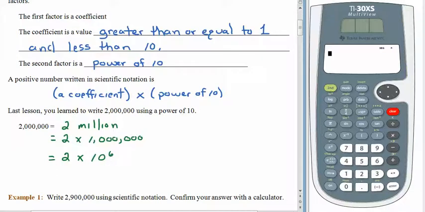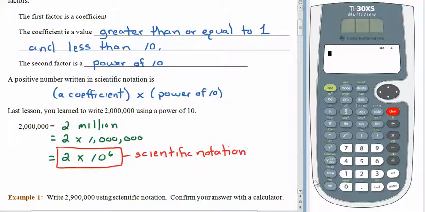So we have 2 times 10 to the 6th power. And this is scientific notation. The 2 is the coefficient, and of course 10 to the 6th is a power of 10.